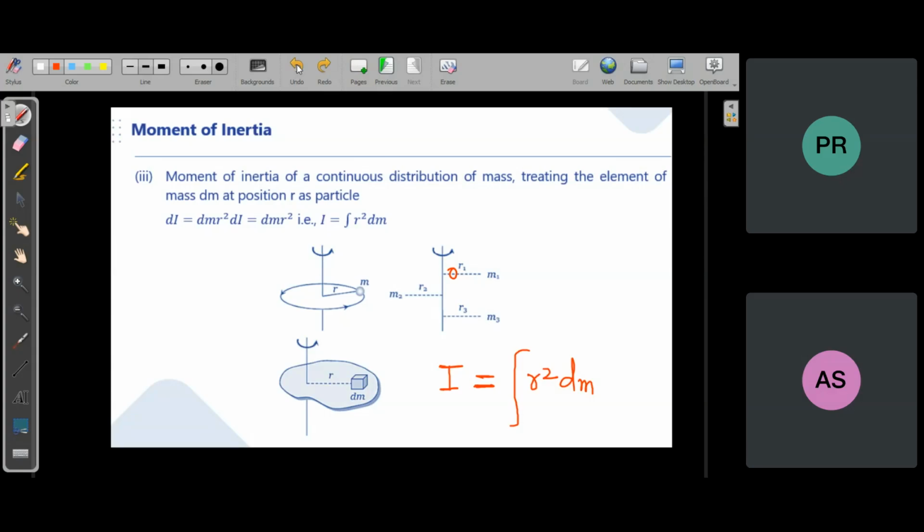So summation we use for discrete. But when it is a continuous distribution, at all distances from the axis there is mass. In this region there is no distance where there is no mass. But in the discrete case, there are many points where there is no mass, so you cannot do the integration there.